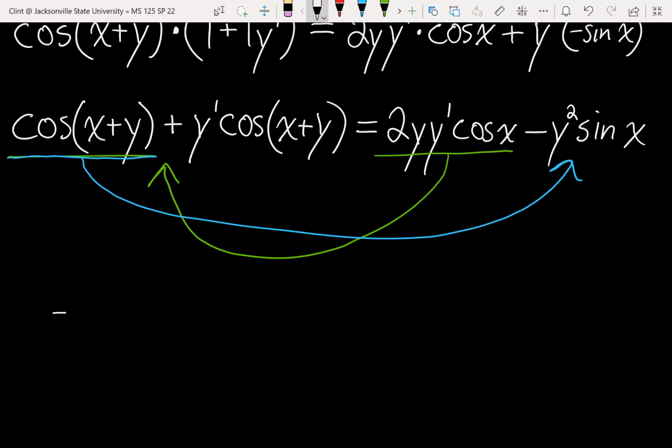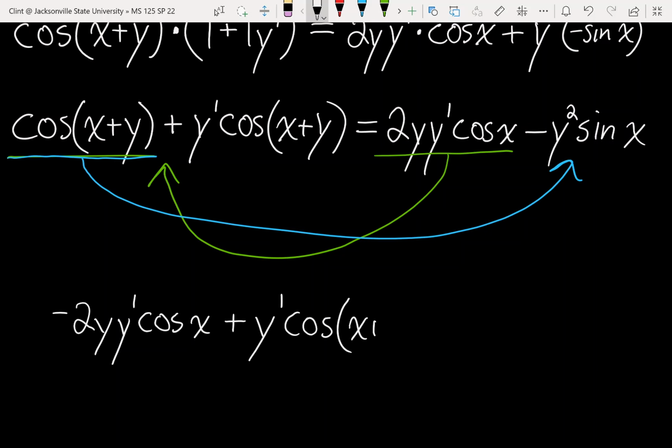So let's see, I'll have negative 2y y prime cosine x plus y prime cosine x plus y equals negative y squared sine x minus cosine x plus y.